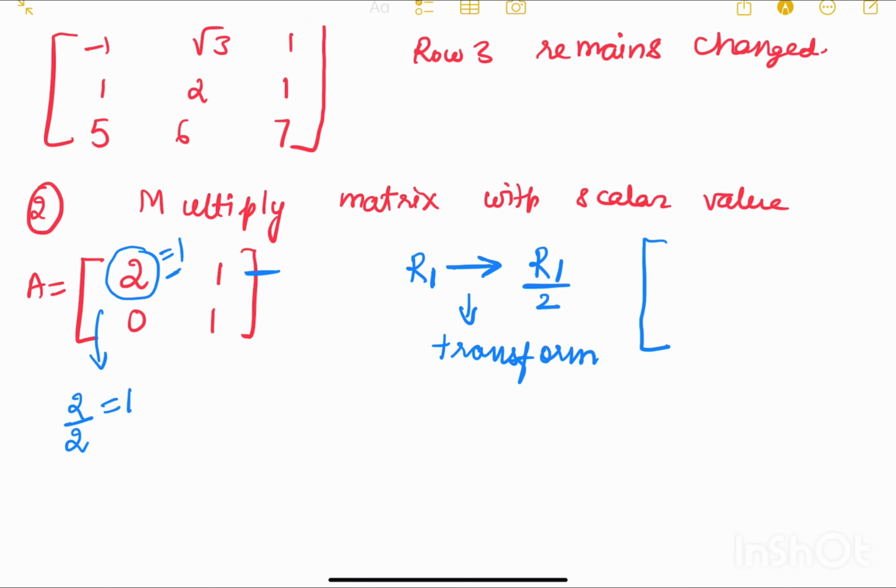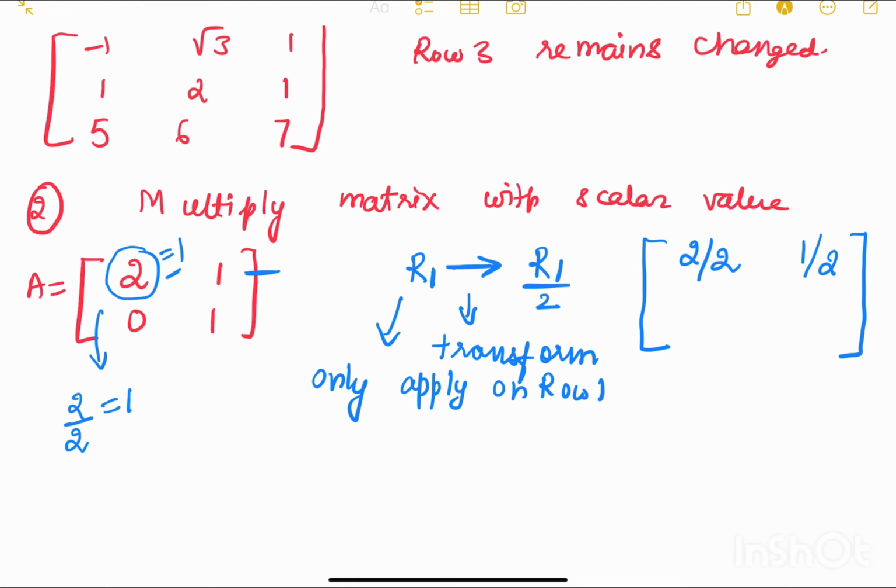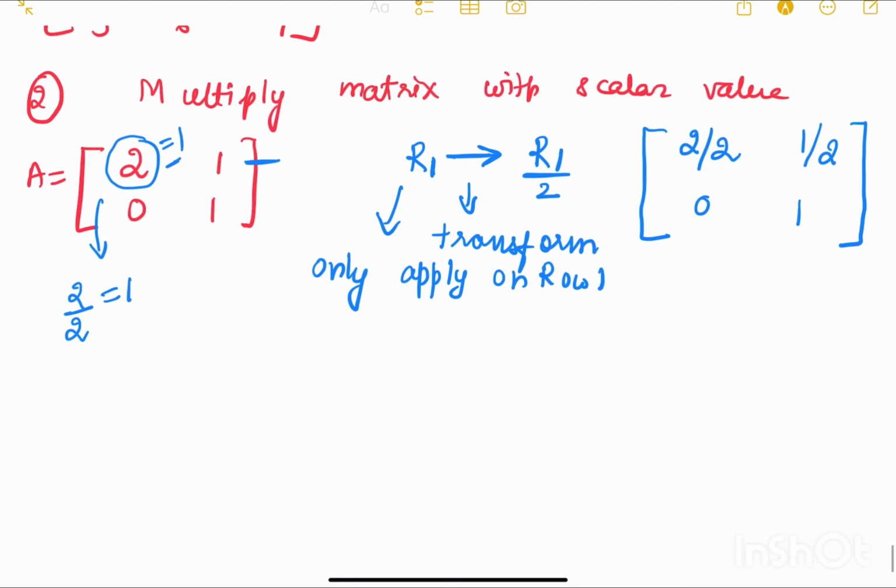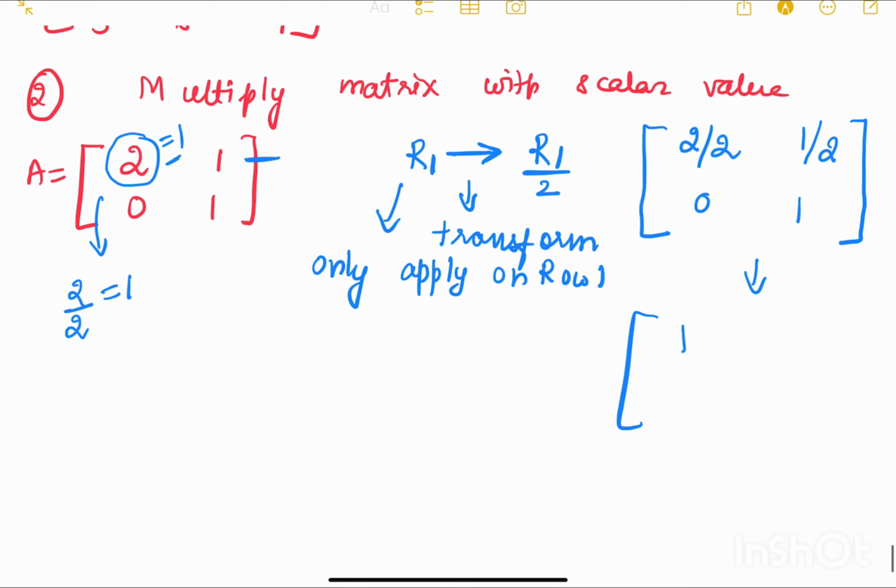So what is the resultant? My 2 will be divided by 2, my 1 will be divided by 2. Now just focus that this operation is only applied on R1, on my row 1. My row 2 will remain unchanged. After solving this, this will be my resultant matrix.